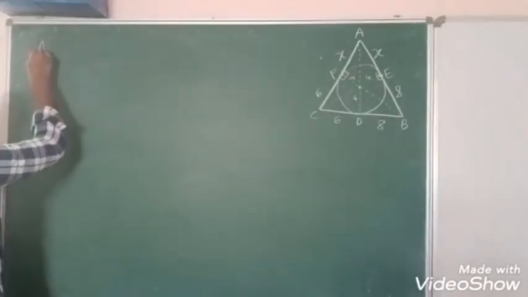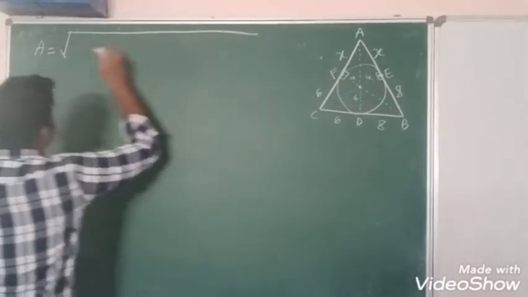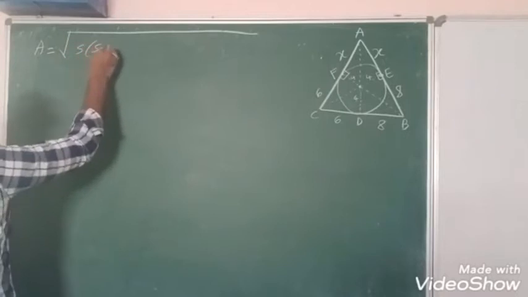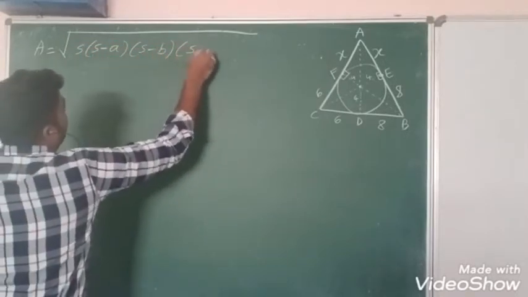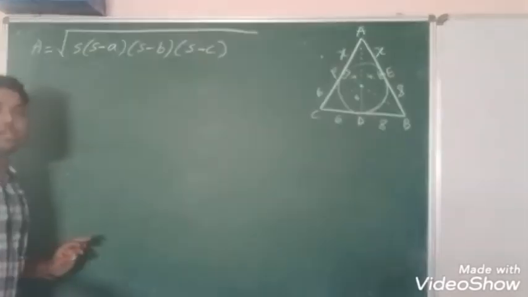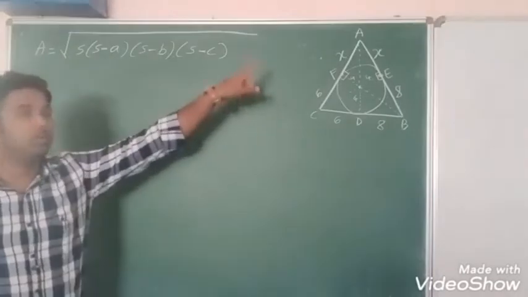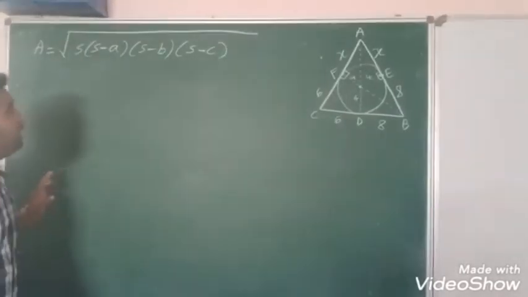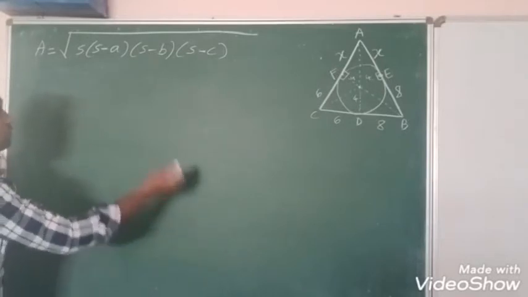A is equal to the area of the triangle, which is equal to the square root of S in the bracket, S minus A, S minus B, S minus C. This is Heron's formula where A, B, C are nothing but the sides which they have provided, and S is the semi-perimeter which we got as x plus 14.